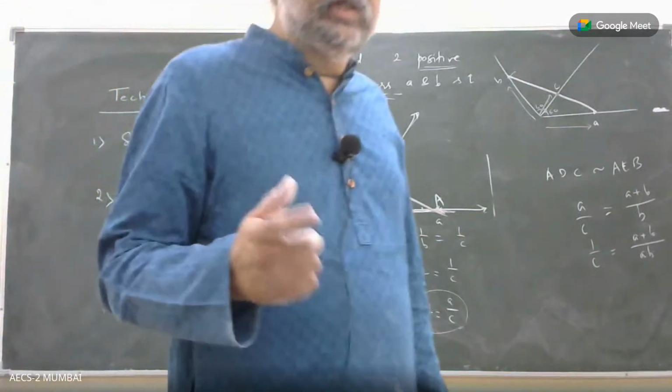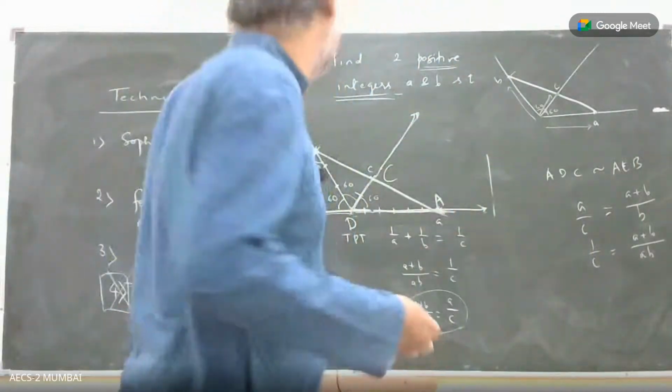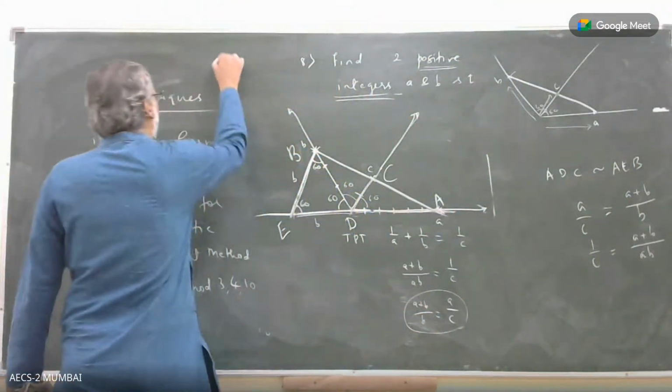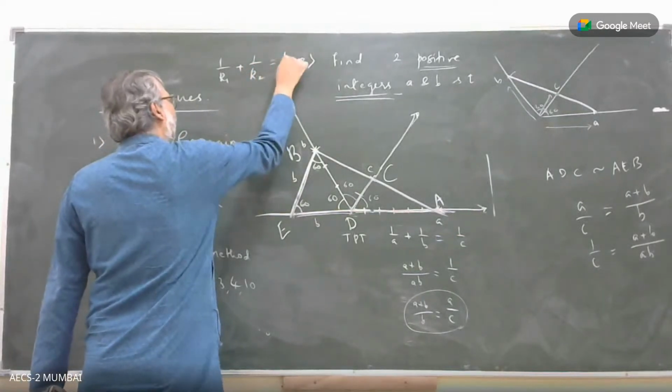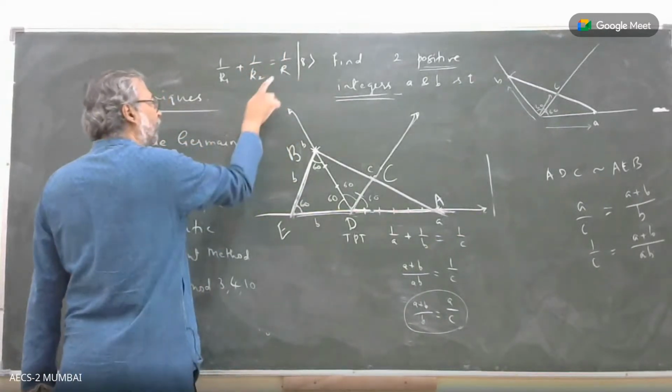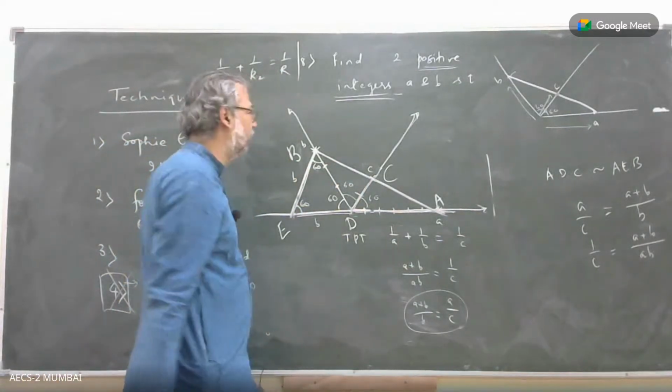So I hope some of you are 9th, 10th students and you must have done resistances in parallel and so on, right? So what is that formula? 1 by R1 plus 1 by R2 is equal to 1 by R, equivalent resistance. And if you want to find this as well, you can directly find the resistance, right?